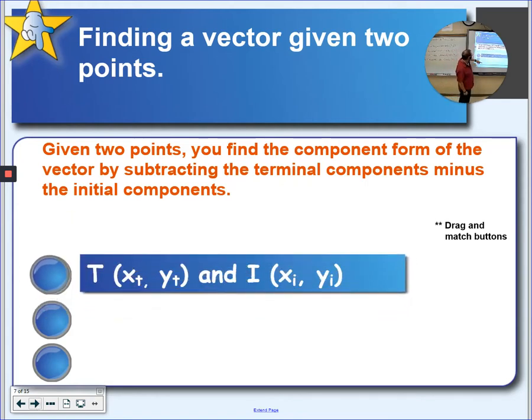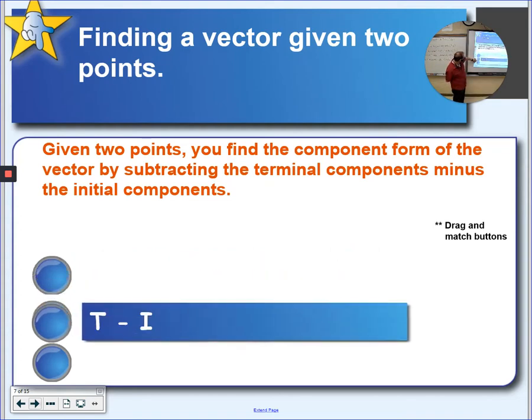For t, that would be the terminal point, with x and y. Notice these are curvy brackets because these are not the vector, these are the points. So your ending point is x sub t, y sub t, and your starting point is x sub i, y sub i.